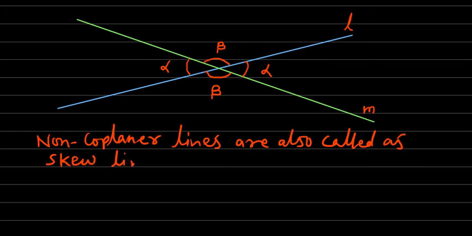Such statements are very important in multiple choice question examinations. Objective type questions are asked in whichever exam, and such questions are asked many times. So, if the lines are skew lines, then we'll study how the angle between lines is defined.